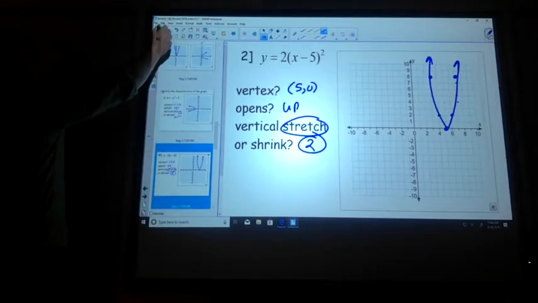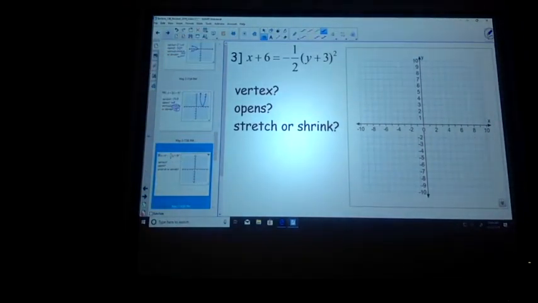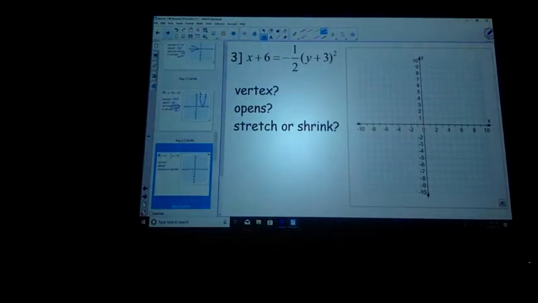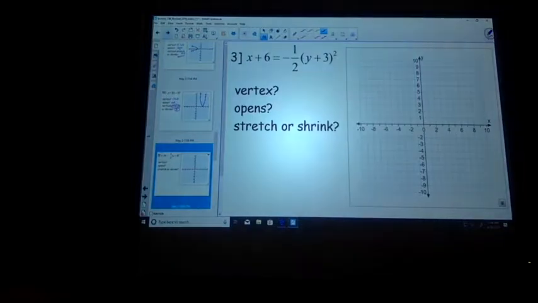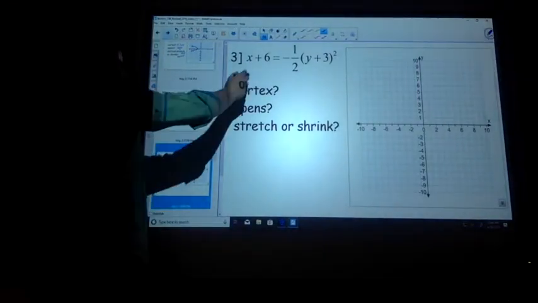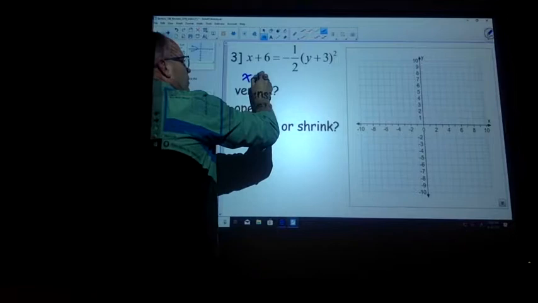Ready? Yep. Ready. Would it go up, down 3 then? It's like opposite, I guess, of what we think. Okay. So let's bring that 6 over.